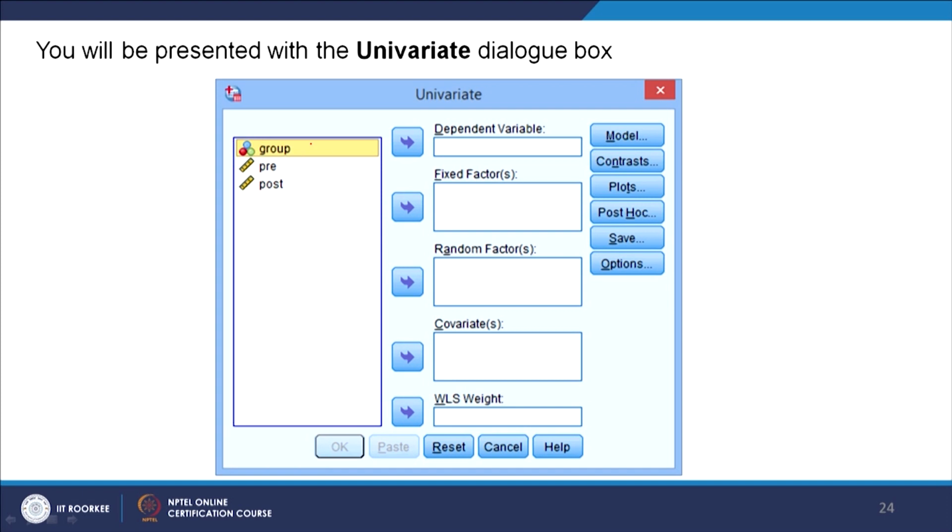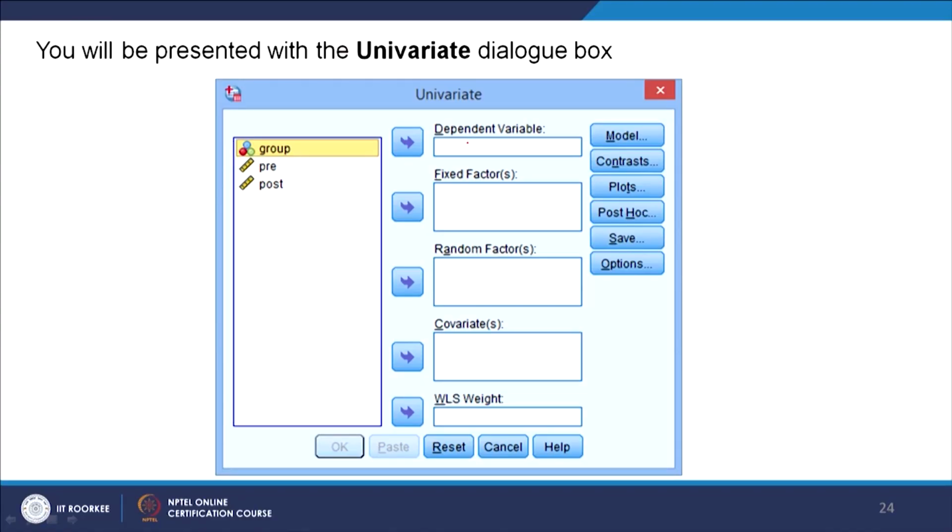and the covariate box. So, here we say the group is my fixed factor, right. This is the treatment we are giving. My pre cholesterol level is my covariate, because that is what is affecting my cholesterol condition, and the post exercise is my dependent variable.